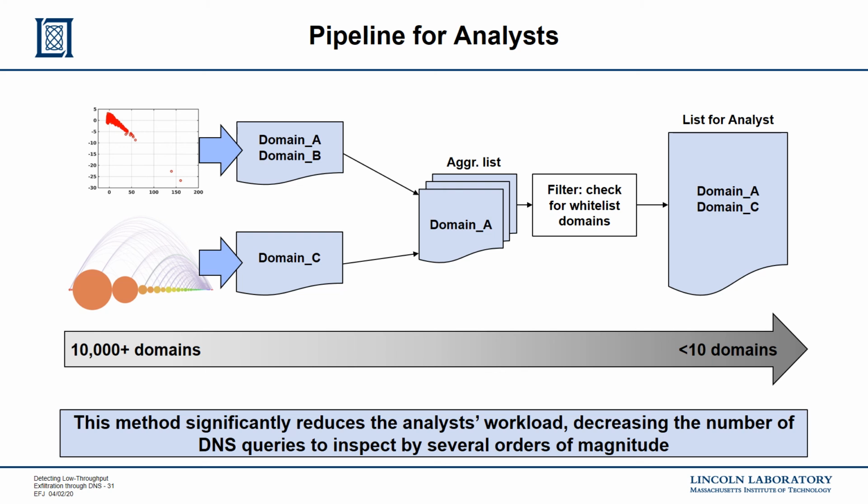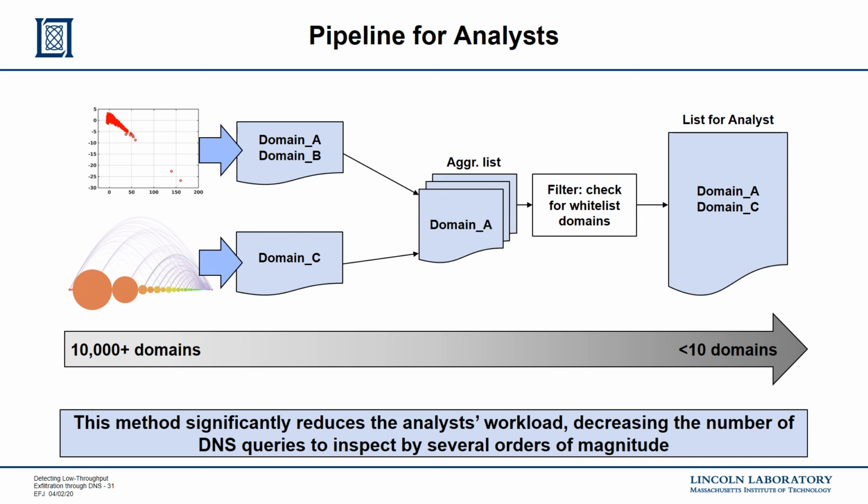So this chart is just wrapping up the analysis that we've done. It's showing the 2 different metrics that we've developed for detecting domains that may be performing DNS exfiltration. The first is straight up outlier detection using the principal component space. The second is the arc diagram that highlights domains that have changed their location within that principal component space from day to day.